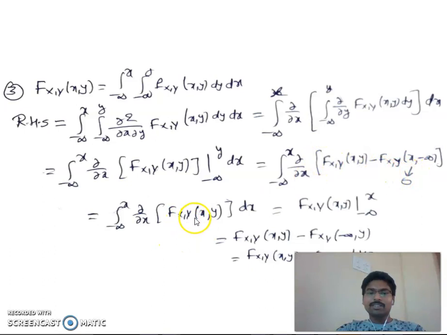So only the term F_X,Y(x, y) remains, with dx. Derivative and integration get cancelled here. Now we have to substitute the limits in place of x, because we are integrating with respect to x here. So in the place of x we substitute x and minus infinity: F(x, y) minus F(minus infinity, y). We know F_X,Y(minus infinity, y) is equal to 0. That's why it is nothing but F_X,Y(x, y), which is the LHS.